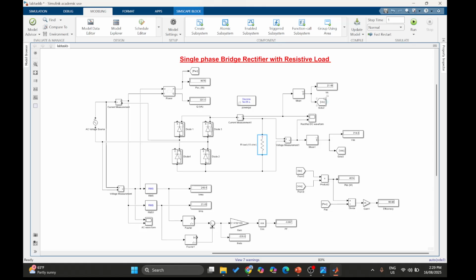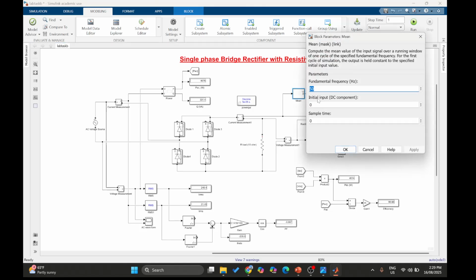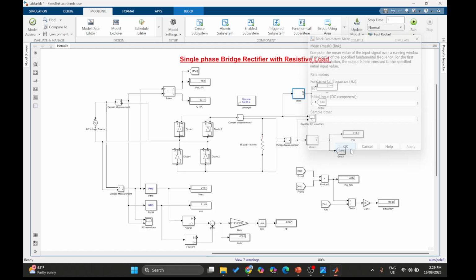Now at the load side, I have another current measurement block which goes to the mean block, with again the frequency 50 Hz, initial value input 0 and sample time 0, and these parameters are duplicated exactly the same in the other mean block.